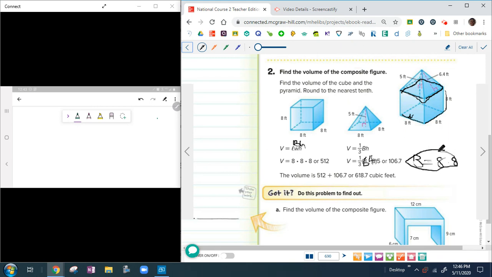I like to do the big B off to the side, like when we did surface area of pyramids, so it doesn't confuse my work over here. And then you just multiply all these together, calculator, get the answers, and add them up.